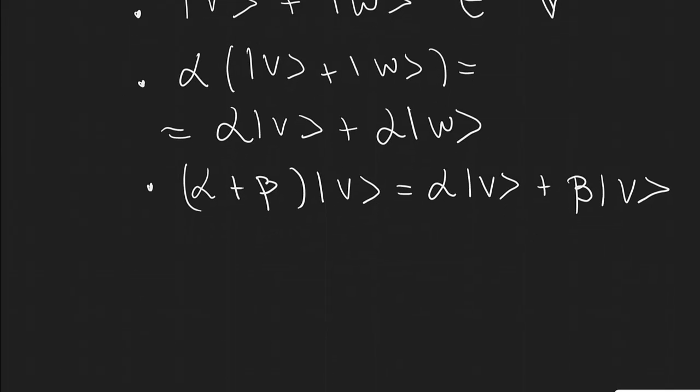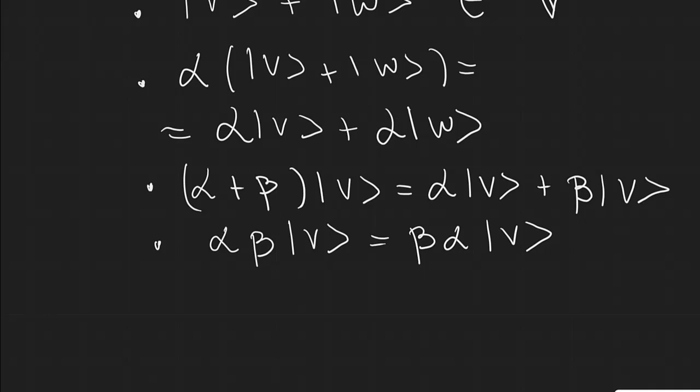So far, nothing too different. Additionally, multiplication will work in a similar way. So alpha times beta times this vector should be equal to beta times alpha times the same vector.